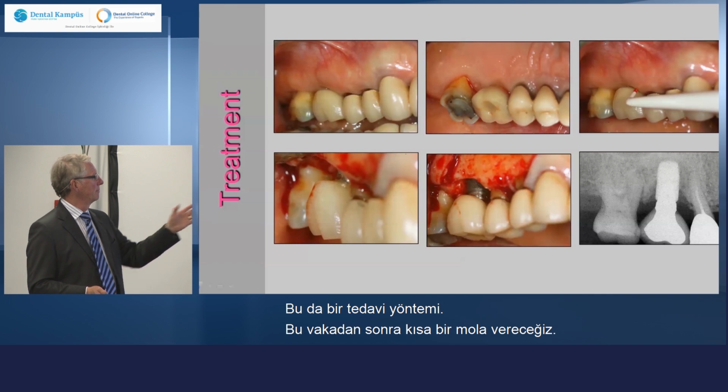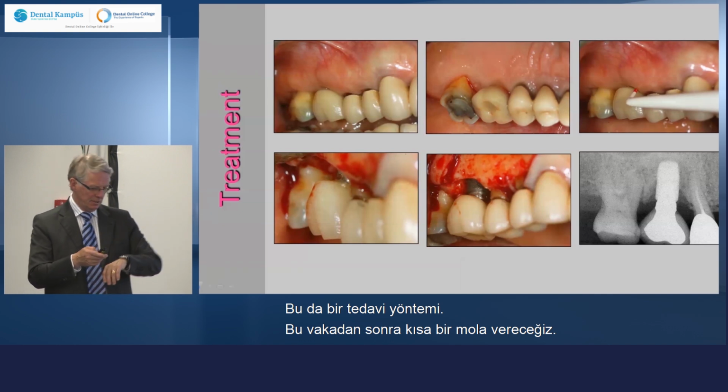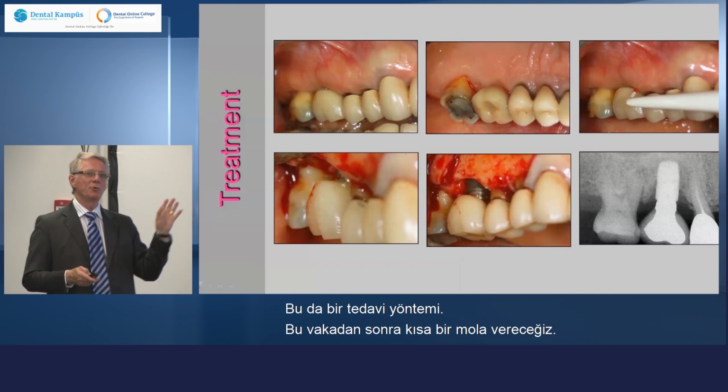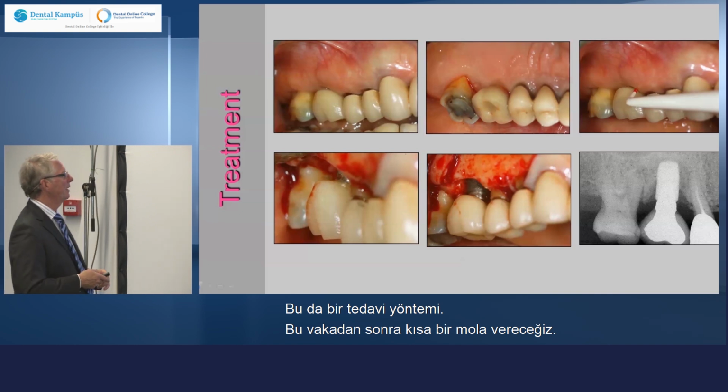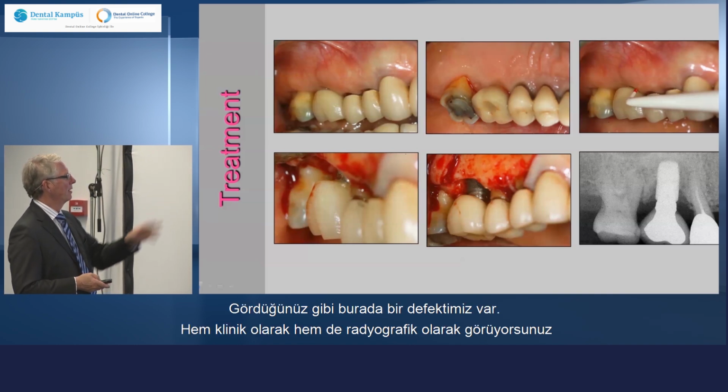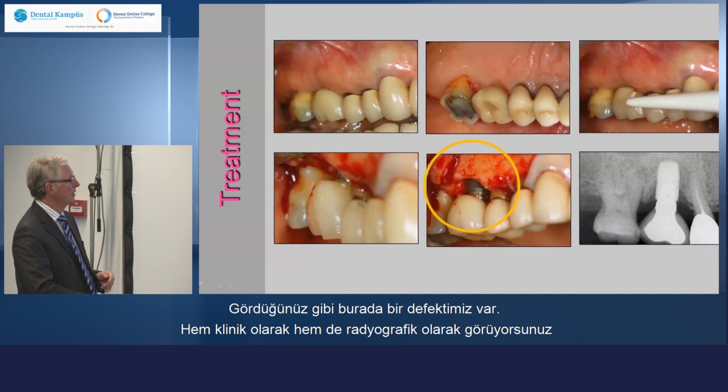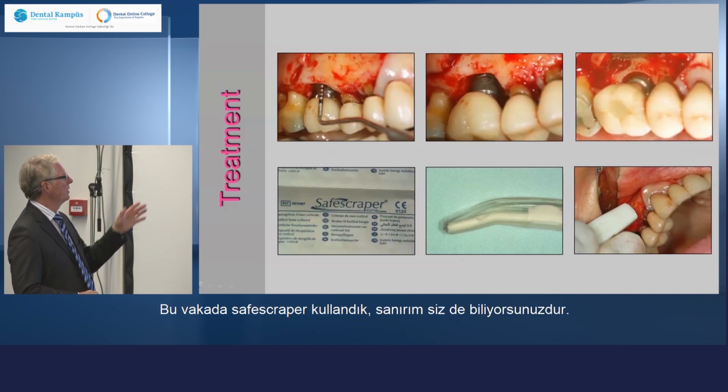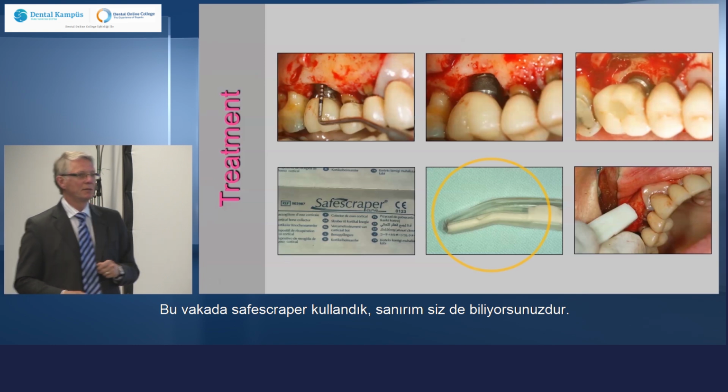This is just a treatment modality. I will show you this case, and then we will have a short break. So here we have a defect, as you can see, both clinically here, and you can see it on the radiograph there. In this specific case, we were using this type of bone scraper, I think you are familiar with it.